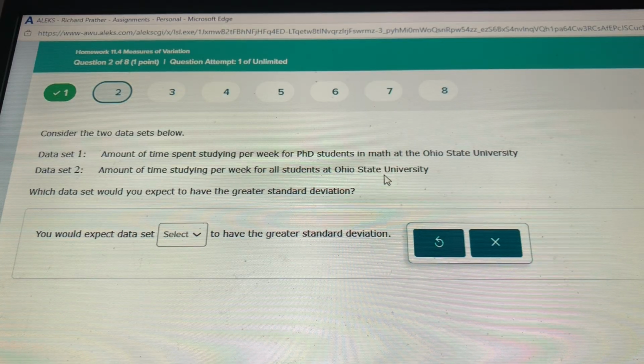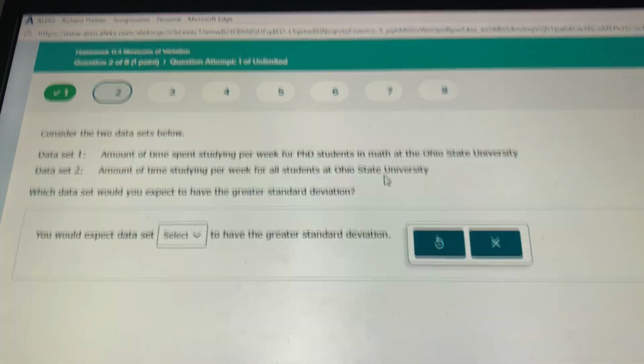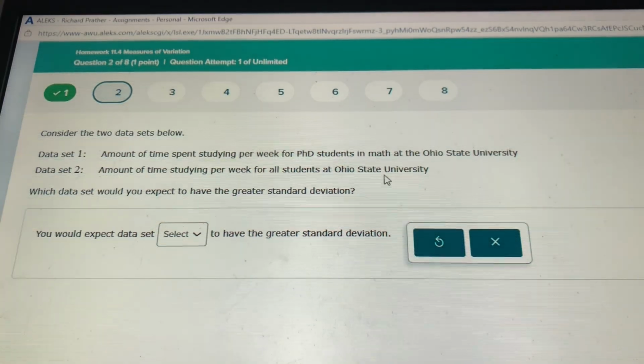So you're not going to get people that study very little. If they don't study much, they're going to fail and waste their time and money. So PhD students are already hardworking and dedicated, and not that other students aren't, but they're most likely to be more dedicated and put a lot of time in.